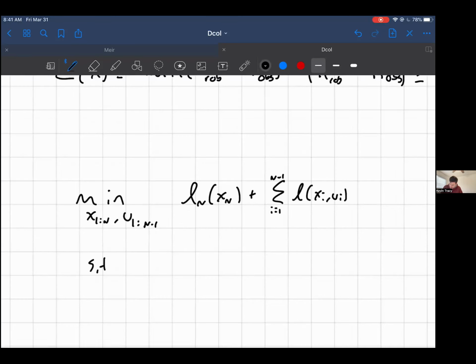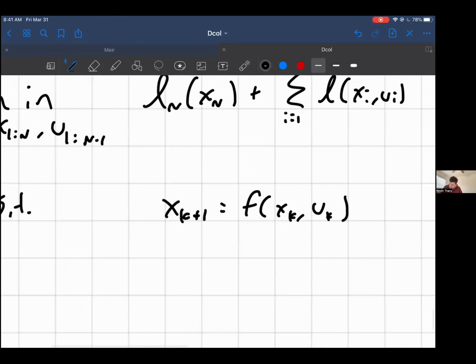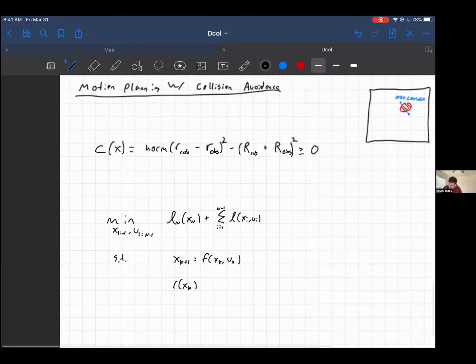Going to have the discrete time dynamics. And then whatever other generic constraints I have. And then I'll just put this C of X. Did I say greater than or equal to 0? Yeah.